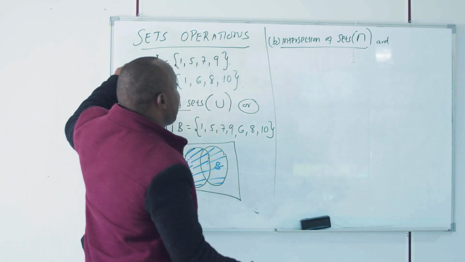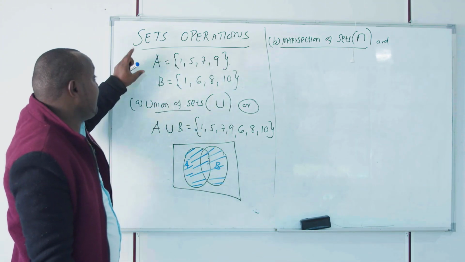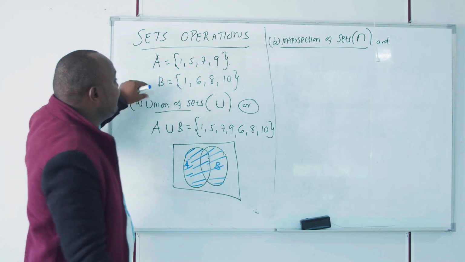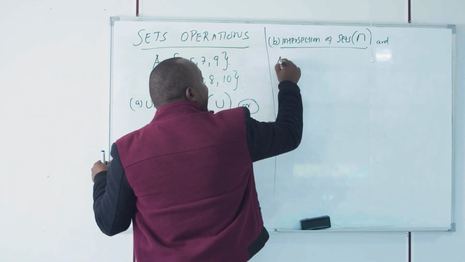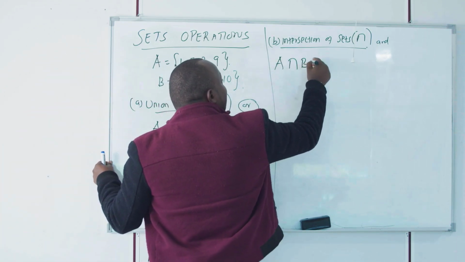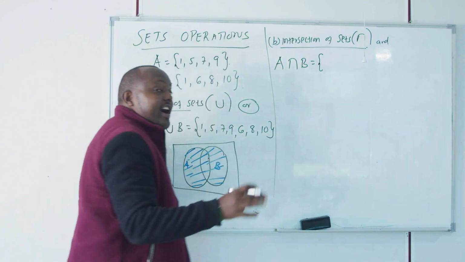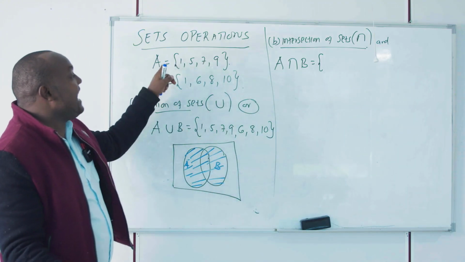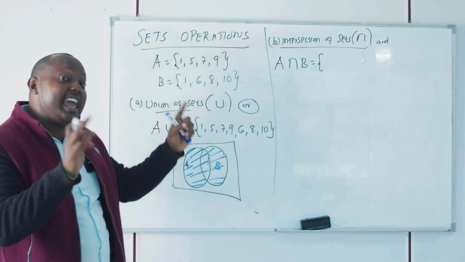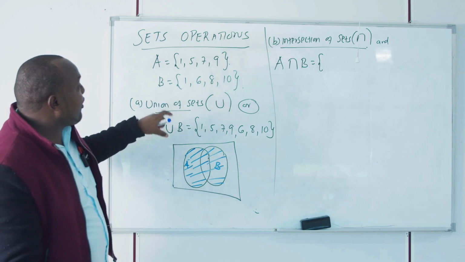If again I'm going to use the same example, A and B, it is a set of all elements that are both in A and B. So it is the common elements.